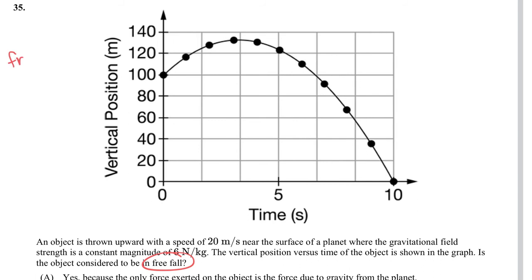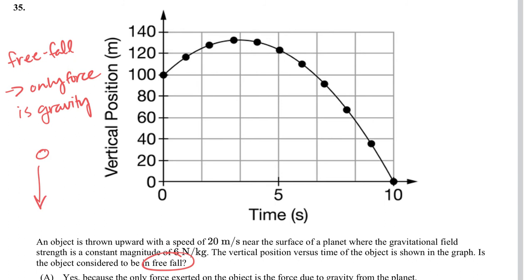So, free fall. Free fall means that the only force acting on an object is gravity. So when something falls, it's not going to be affected by air resistance. Okay, so we should not be having air resistance. Whenever it falls, it shouldn't be hitting an airplane or something. It shouldn't be hitting anything.